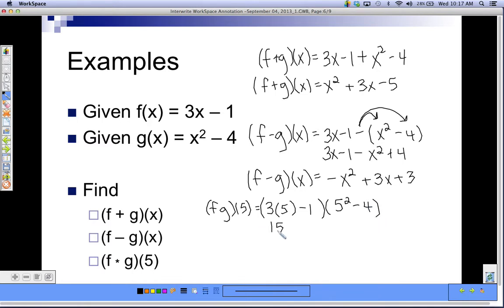So we have 15 minus 1, and we have 25 minus 4. So this gives us 14 times 21. So then we can find 14 times 21 will give us 294. So f times g, sorry, of 5 equals 294.